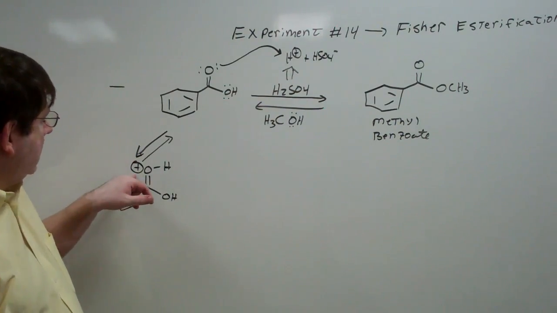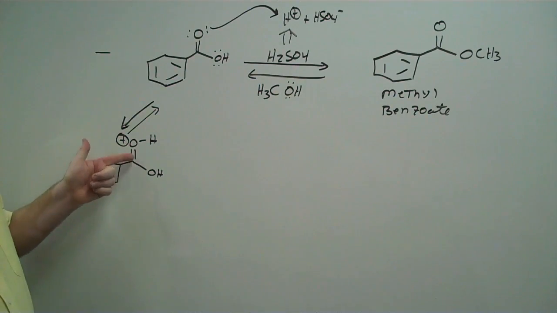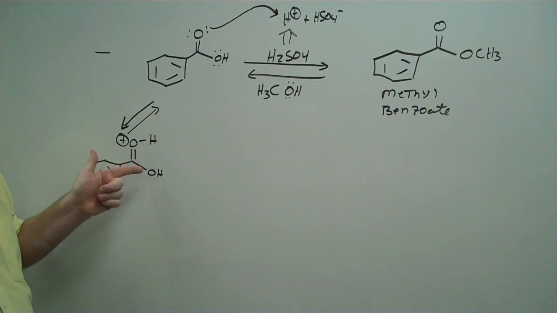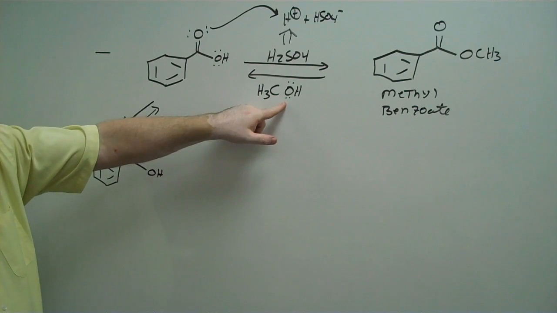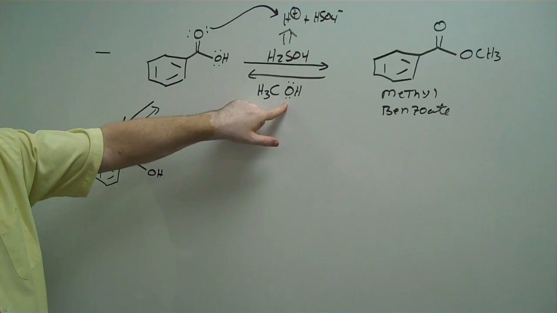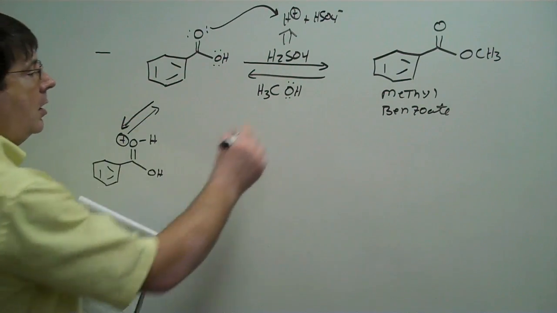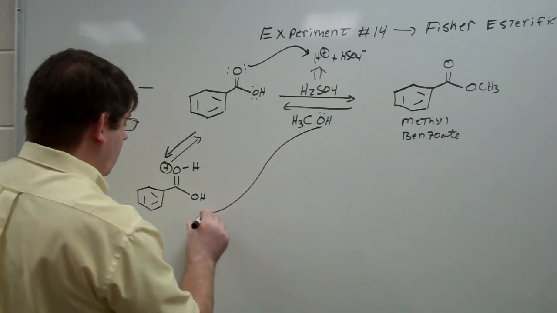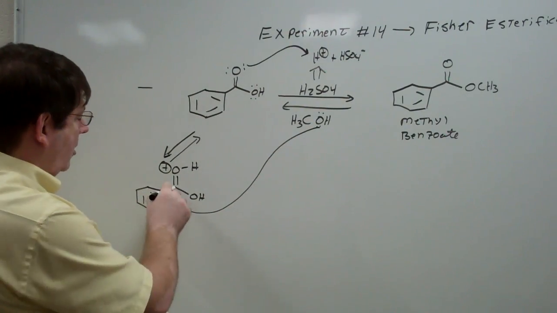Not only does it put a positive charge on that carbonyl oxygen, but it also weakens this pi bond significantly so that weak nucleophiles can attack it. And it turns out that we've got methanol around, which is a fairly weak nucleophile. And so now the methanol can come in and attack the carbon.